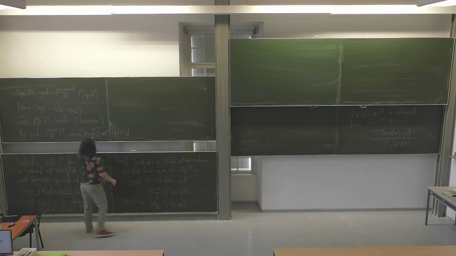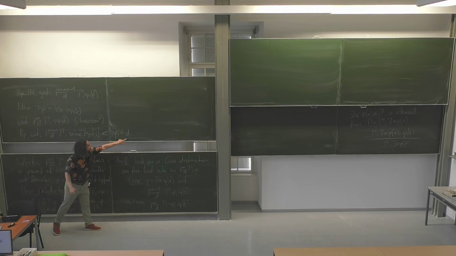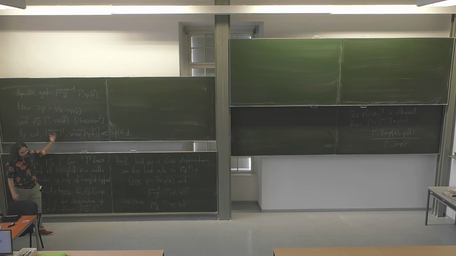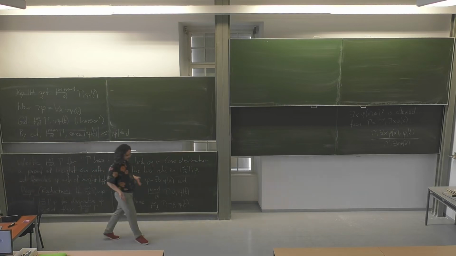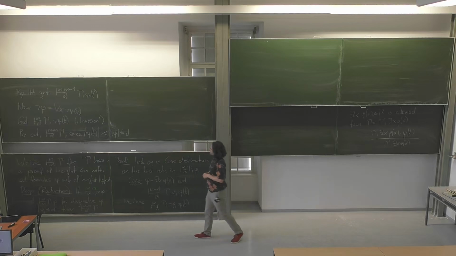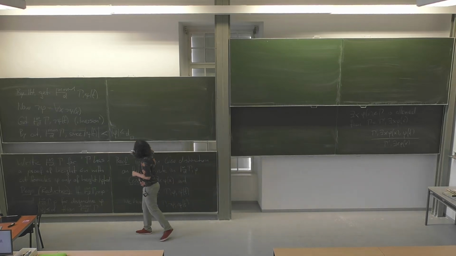So now the formula that you cut over has rank strictly below d, and that's why you're allowed to keep the d. So you push the cut somehow upwards in the proof and replace it by cuts over less complex formulas. That was that.